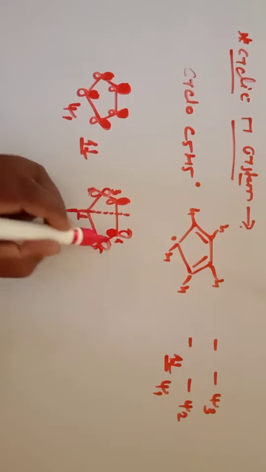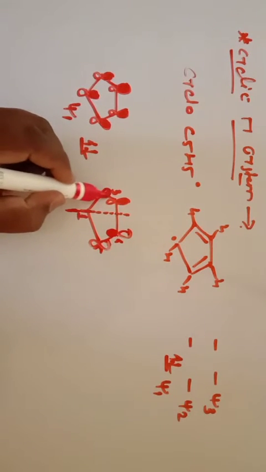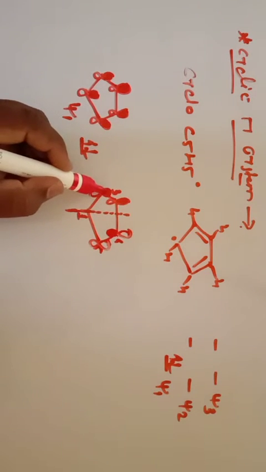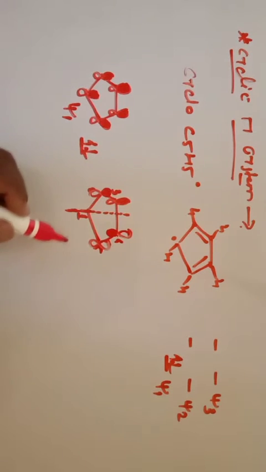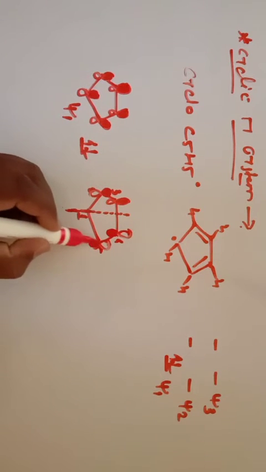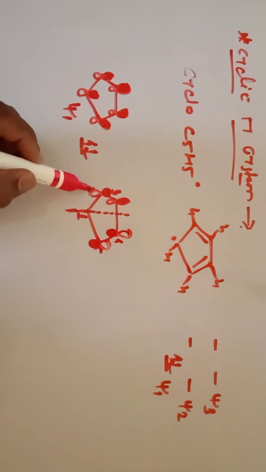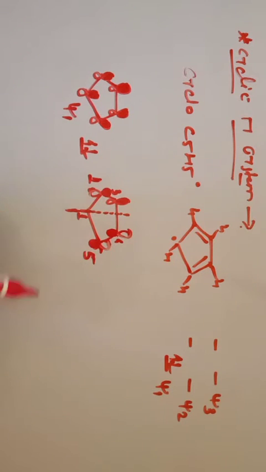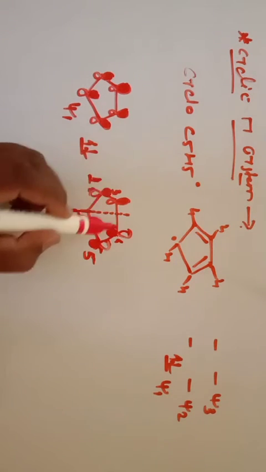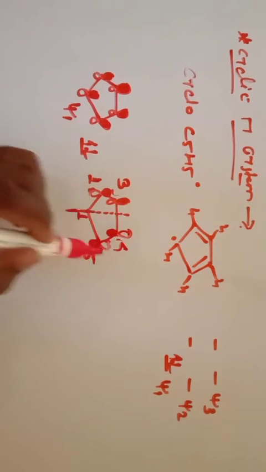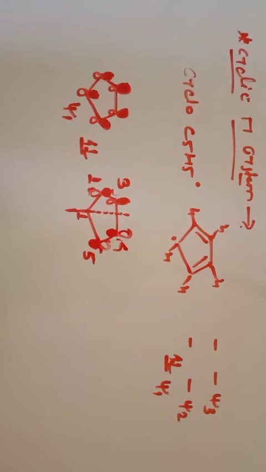Let us consider the filled one positive and the blank one minus. The node is present for carbon number 1 and carbon number 5, and similarly for carbon number 3 and carbon number 4.